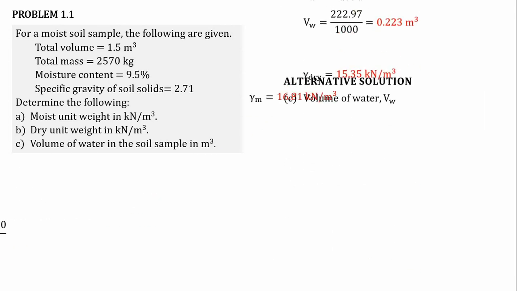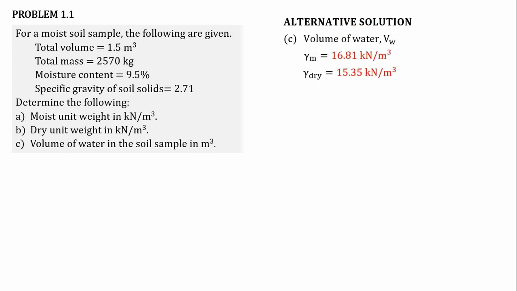So, the alternative solution: this is what we solved earlier, the moist unit weight is 16.81 and the dry unit weight is 15.35 kilonewton per cubic meter. Let me explain first. If I say the unit weight of the moist soil is 16.81 kilonewton per cubic meter, what does this mean?